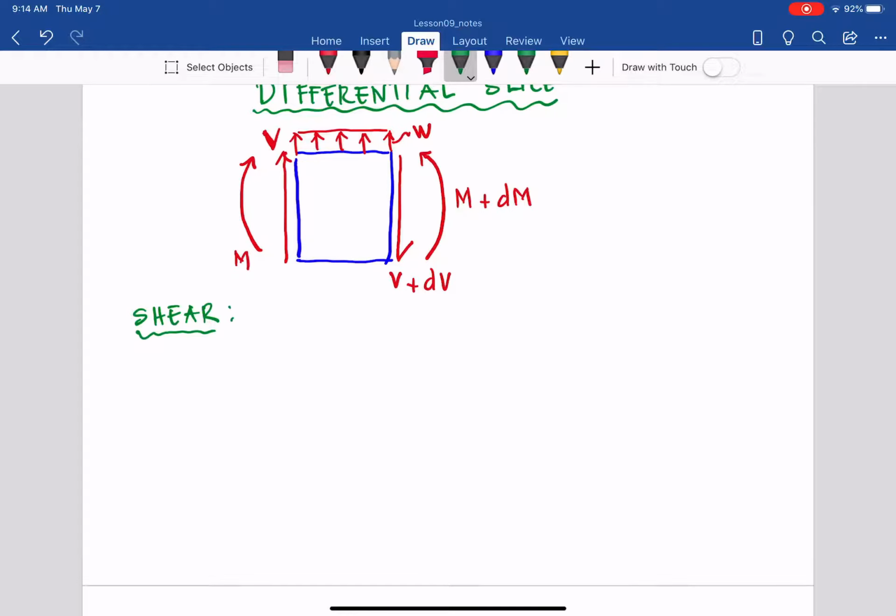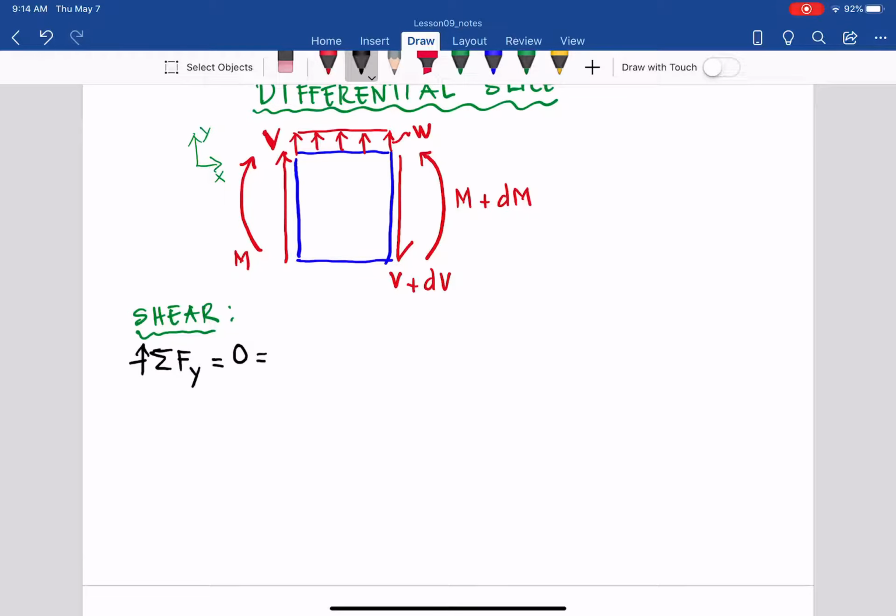So let's put the x and y for that differential slice. Let's sum up all the forces in the y direction. Going up is positive. So what do I have? It has to be in equilibrium, so it goes to 0.